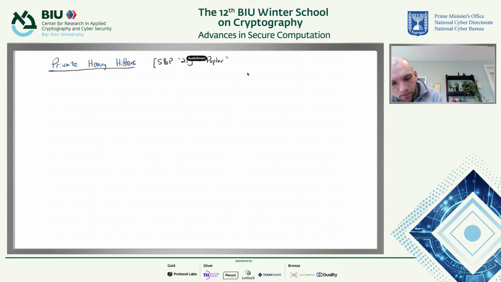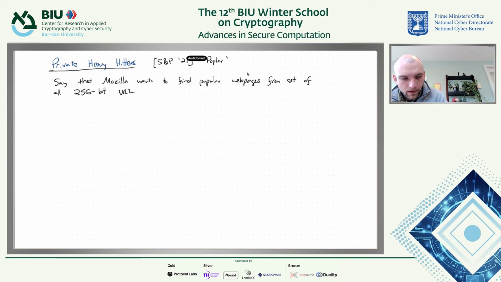In particular, say Mozilla wants to find the popular web pages from the set of all 256-bit URLs or something, maybe even longer, say like 2000-bit URLs.